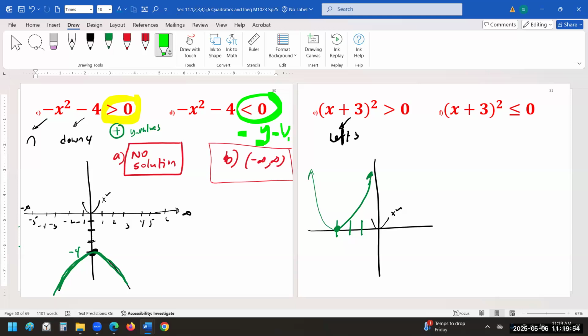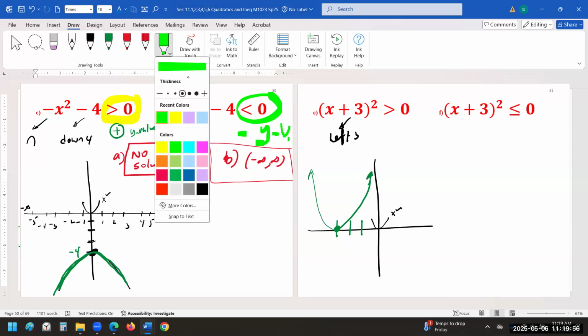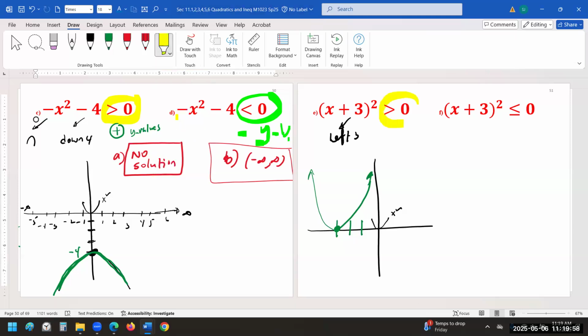Now let's see what they're asking for in A. What are we looking for? Strictly positive, right? So if you have y equals 0, does it count? No, because they're looking for strictly positive numbers. So for which x values do you see all the y's strictly above the x-axis?